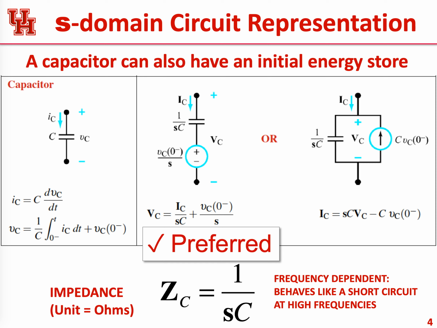I'm going to have an impedance which is 1 over sC, and then a series voltage source describing the initial charge on the capacitor, which is V_C of 0 minus divided by s. This more or less appears like a step function. It's almost like there was a step function with an initial voltage applied to this.